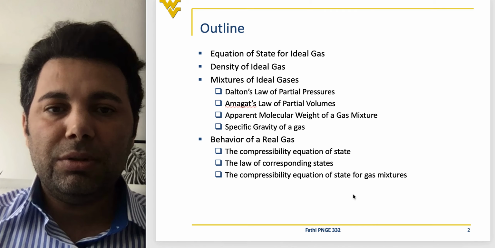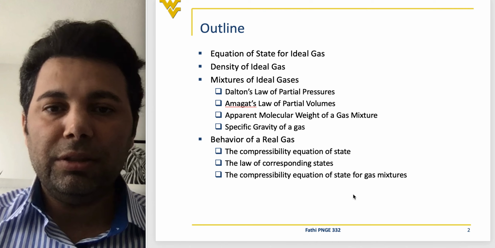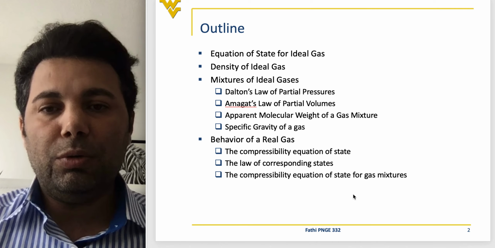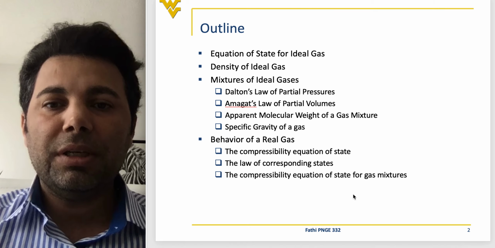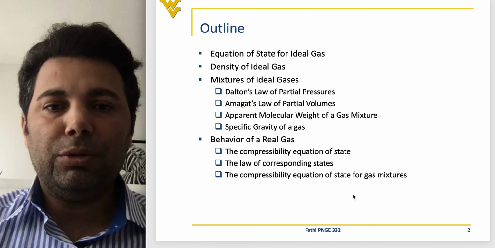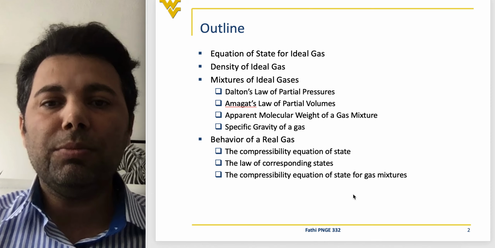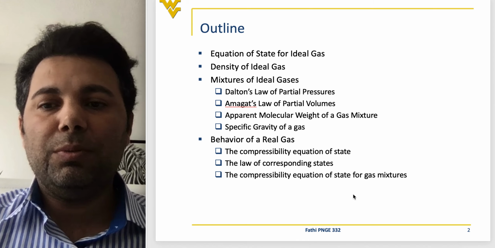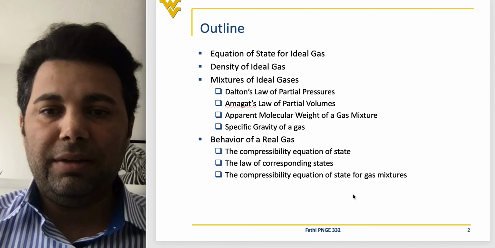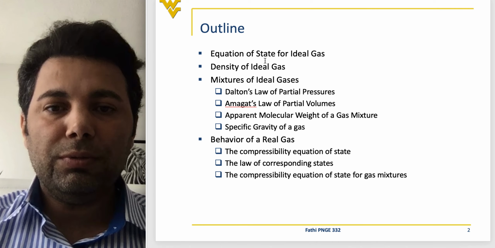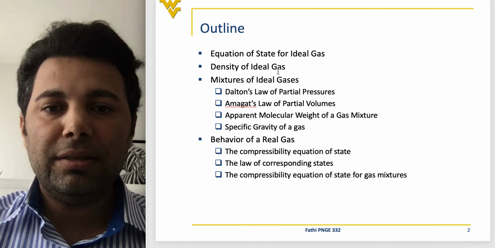We will start with the equation of state for ideal gas, go over the definition and the assumptions, and when we understand the behavior of ideal gas, we are going to release the assumptions that we made to define this ideal gas to see what the real gas behavior would be.